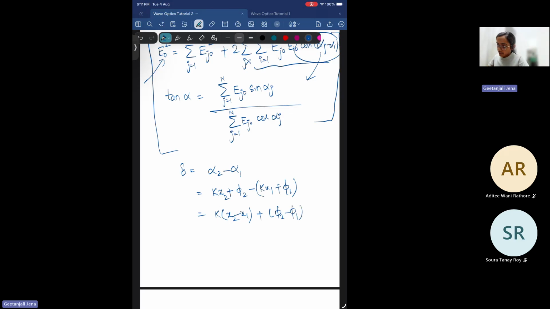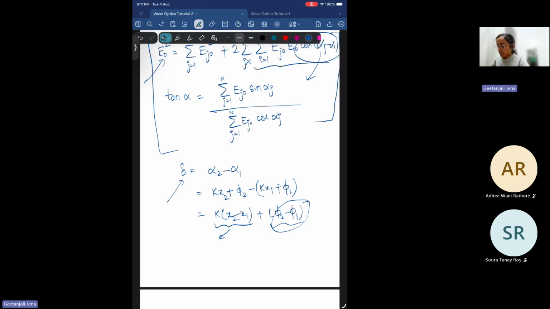So the phase difference, that is the interference term, depends on the difference in path traversed by these two waves, E1 and E2, and the difference in the initial phase angle.